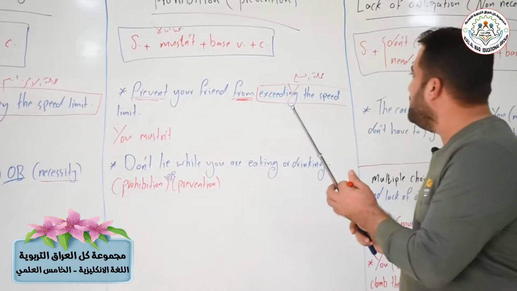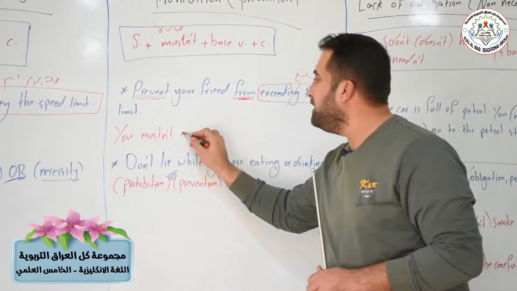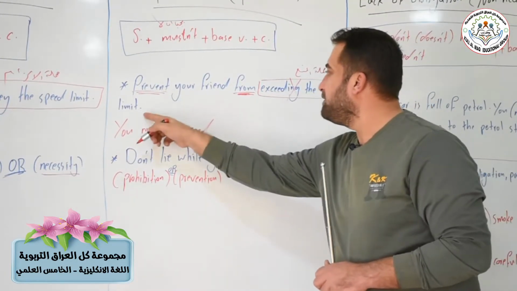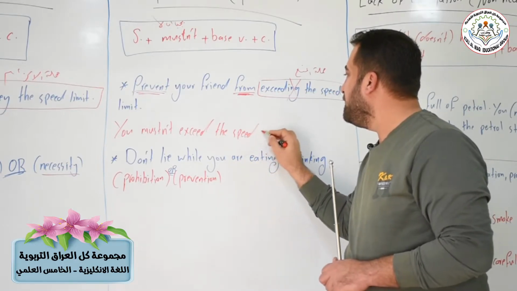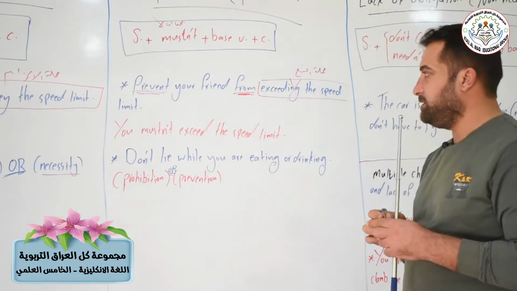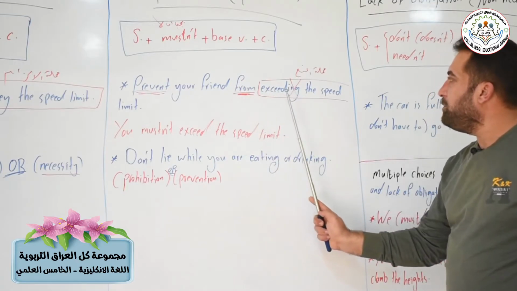And this is the sentence of prohibition or prevention. Exceed the speed limit. This is the sentence. The answer: prevent your friend from exceeding.